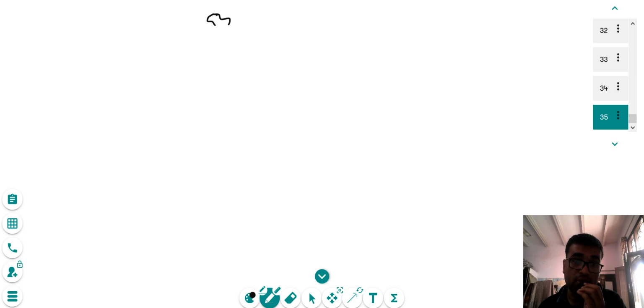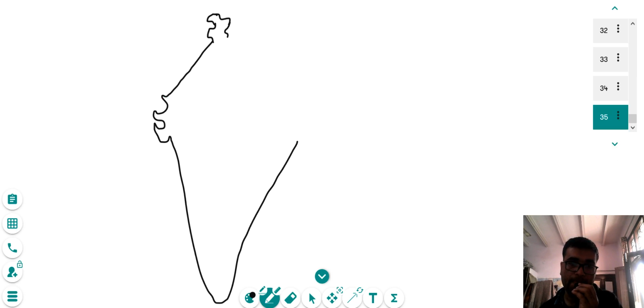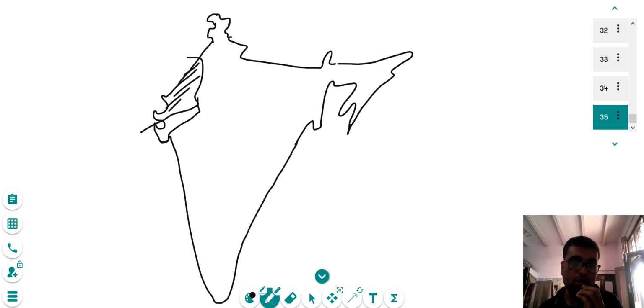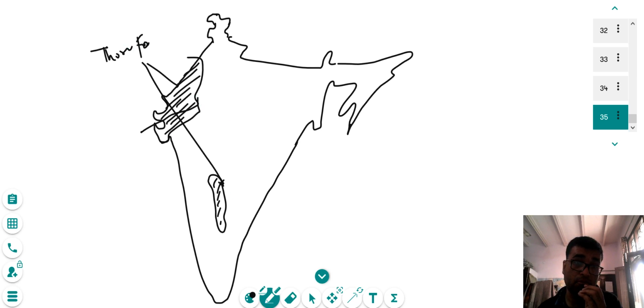And the last thing of this class. See this region, more so this region here, plus this region of the tropical interior, you have the thorny forest, right?